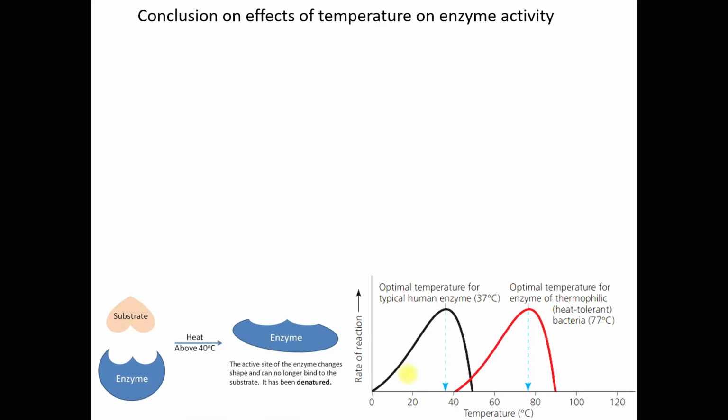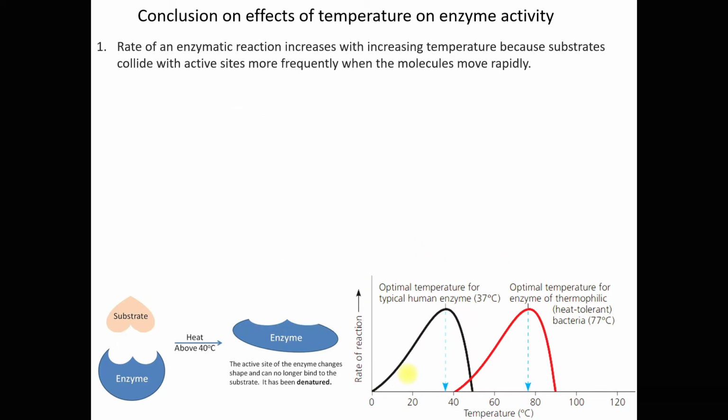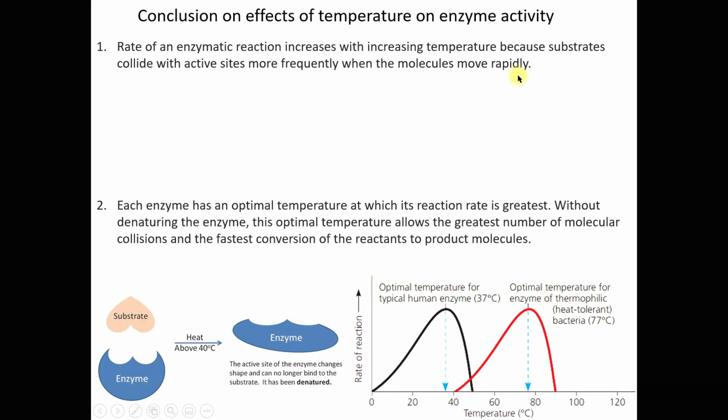Now, the conclusion on the effects of temperature on enzyme activity. The rate of an enzymatic reaction increases with increasing temperature because substrates collide with the active sites of the enzymes more frequently when both molecules move rapidly.